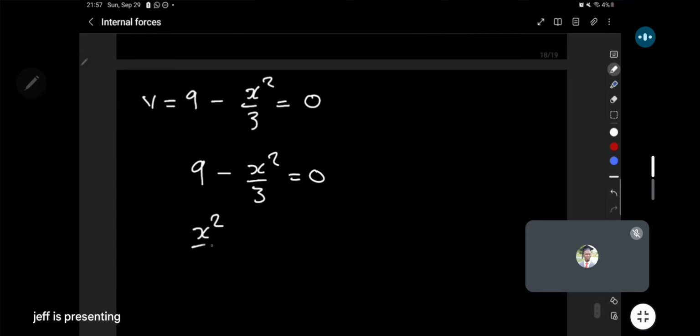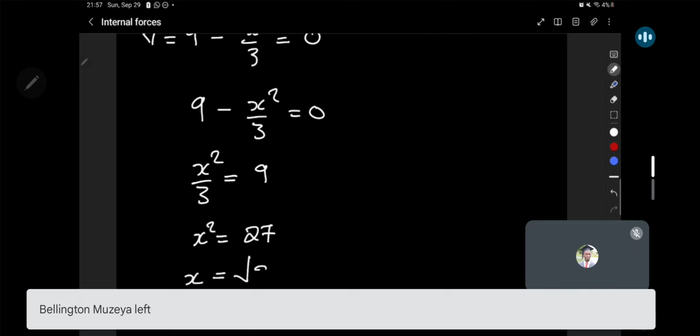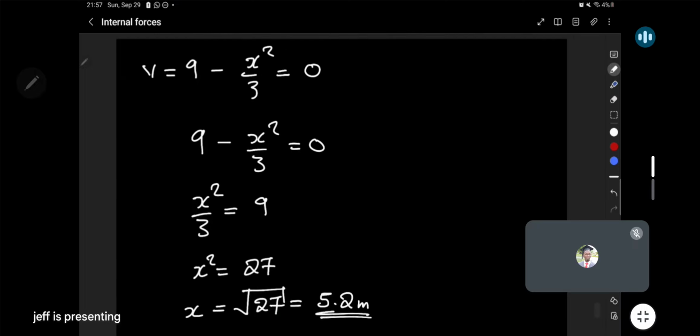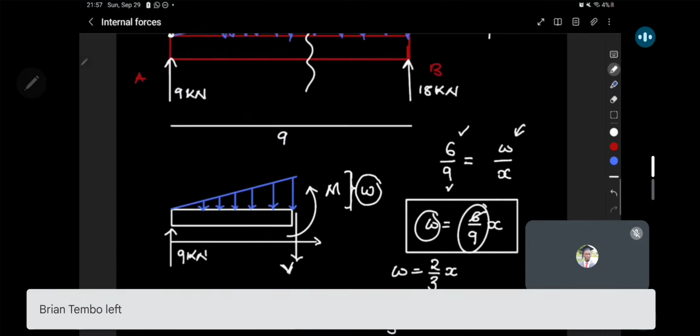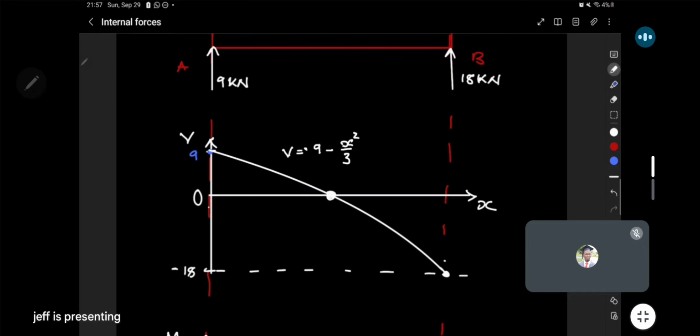X squared over 3 equals 9. Then x squared equals 27. Finally, x equals root of 27, which comes out as 5.2 meters. That is the value of x at that point. We'll keep it, it will be important later on. At this point, x is 5.2 meters.